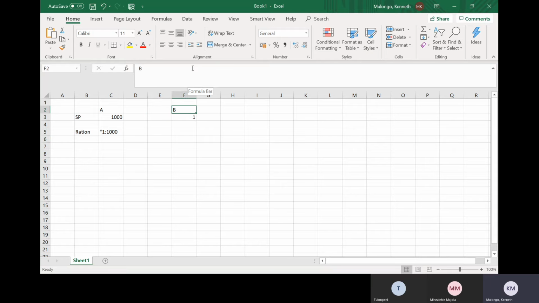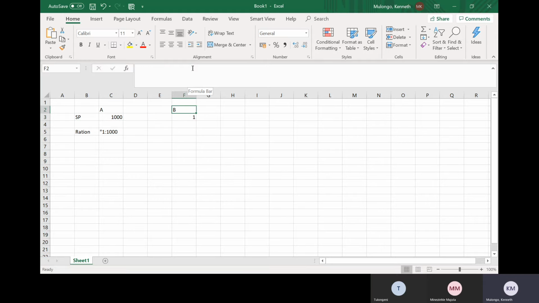Now, on their own, the value of company A is 1,000 Rand per share and the value of company B is 1 Rand per share. Whatever the number of shares in issue, you multiply by the share price, and that's the fair value of company A and company B. But from a share price perspective, it's 1 to 1,000.